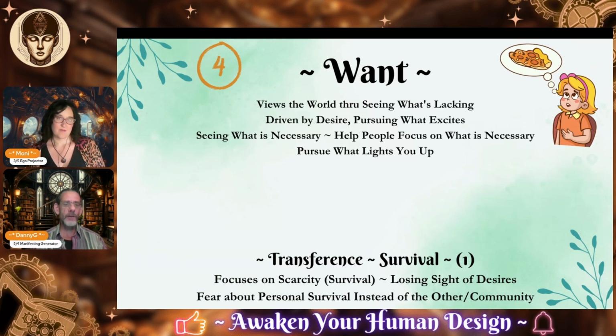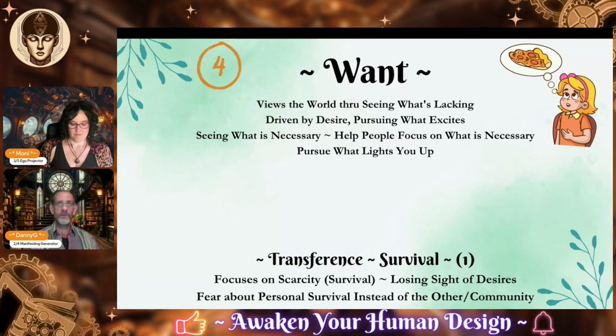Because if it flails about from the not self and constantly keeps looking into its own survival, it doesn't see what's needed. The want is there. Like if you're looking at the world with want, you're seeing the things that people don't have. You're seeing the things that would be good for you to want. You're seeing the things that are stupid to want, because there's plenty of things that are stupid to want.